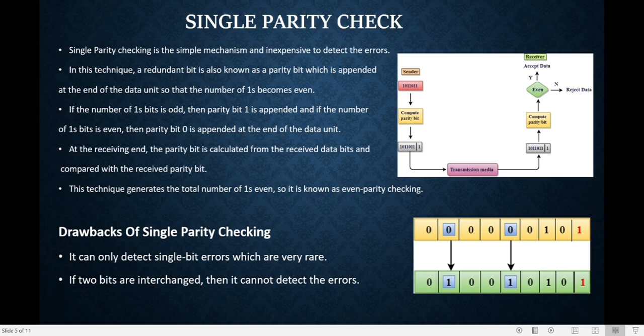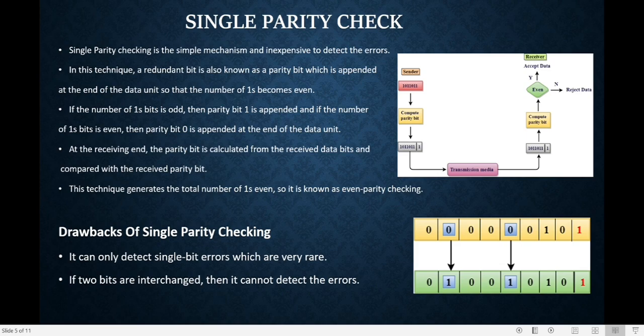In this technique, a redundant bit, also known as parity bit, is appended at the end of the data unit so that the number of ones become even. If the number of ones become odd, then parity bit 1 is appended, and if the number of ones is even, then parity bit 0 is appended at the end of the data unit.